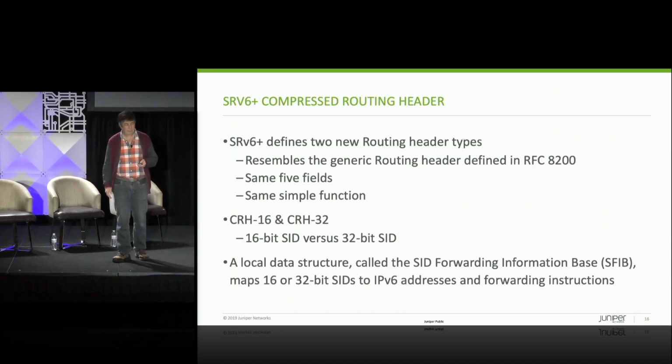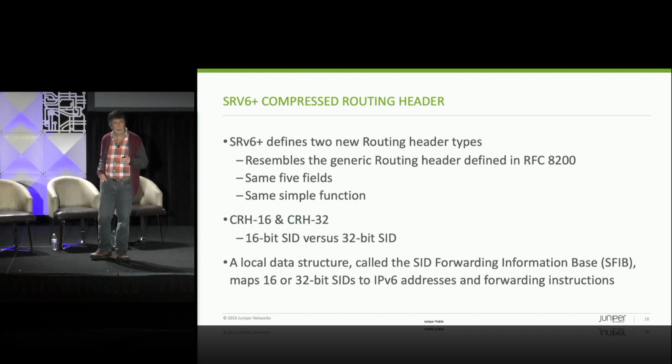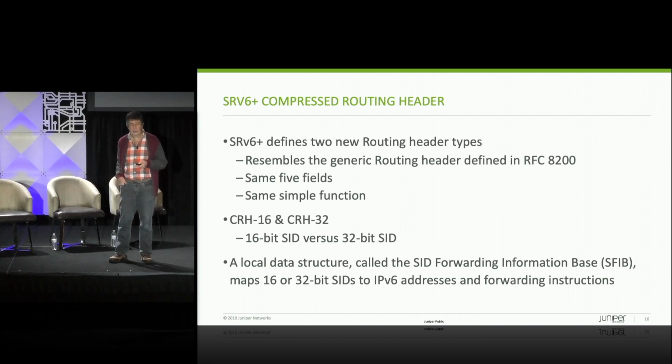Now, SRv6 Plus defines a new routing header type. It's called the compressed routing header. It resembles the generic routing header defined in RFC 8200. It has the same 5 fields, the same simple function. There are 2 flavors of this compressed routing header, a SRH16 and a SRH32.